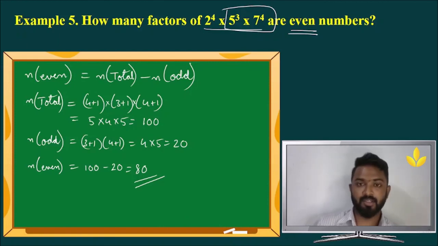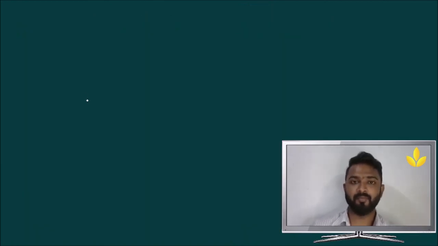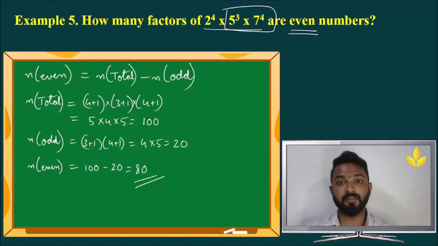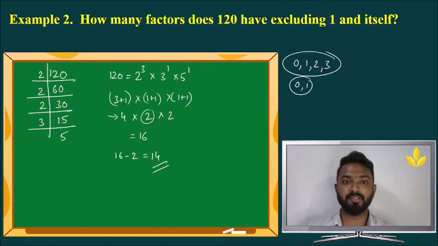That's it. So let's recap the whole thing once. Whenever you have a number and they have asked you to find the total number of factors of that number, first convert it into its prime factors and then add 1 to every single power and then multiply the whole thing. And what is the difference between factors and multiples?